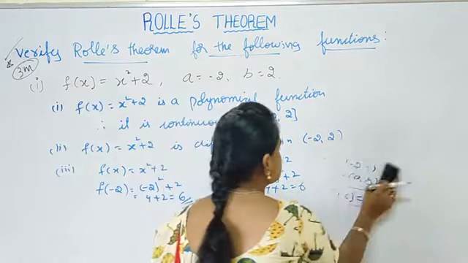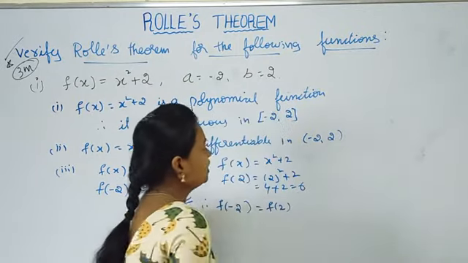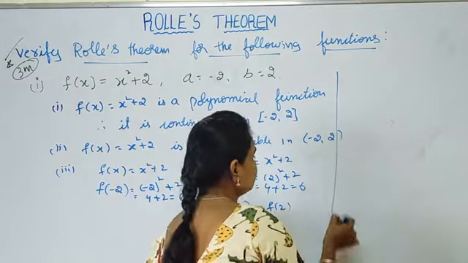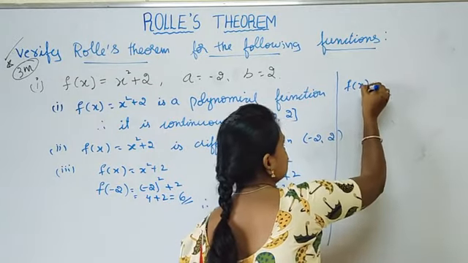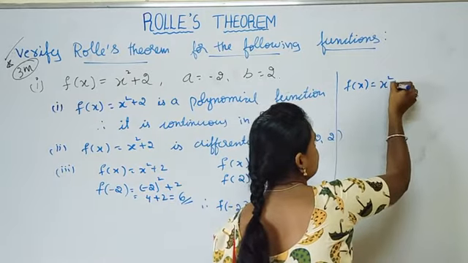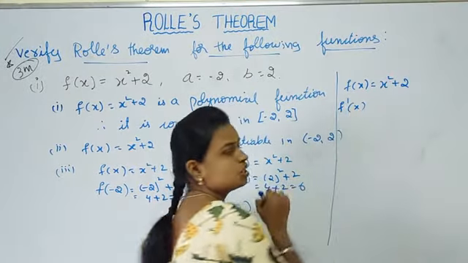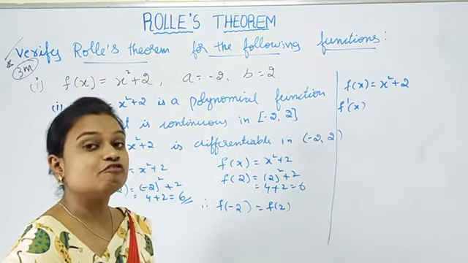Hence all the conditions of Rolle's theorem are satisfied. Then in the next step, consider f of x, which is x square plus 2. Find the differentiation of this function, f dash of x.